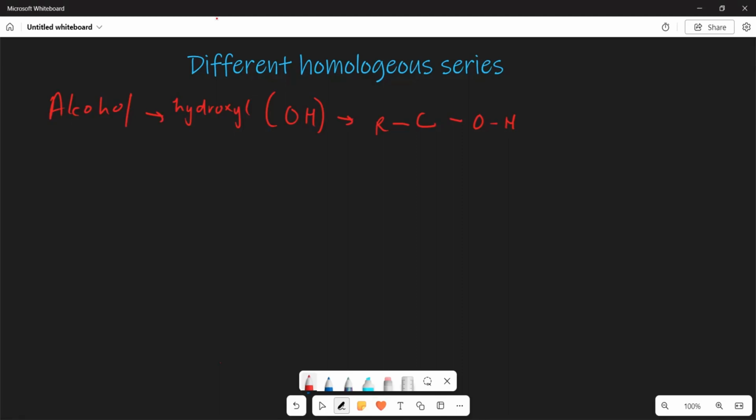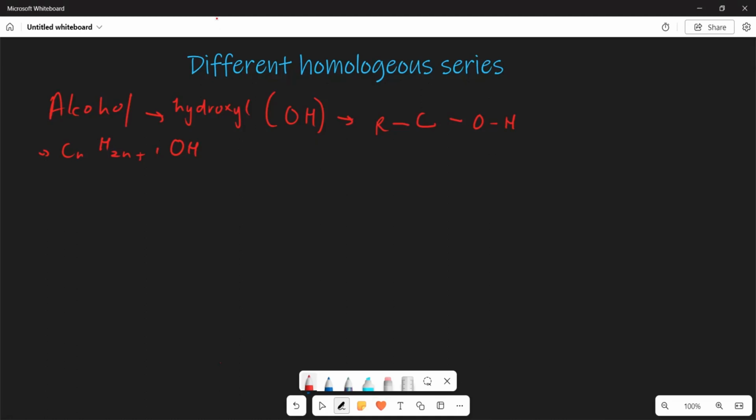And now it consists of also our general formula, and the general formula of it is given by CnH2n+1OH, right? That is going to be the general formula of our alcohol.